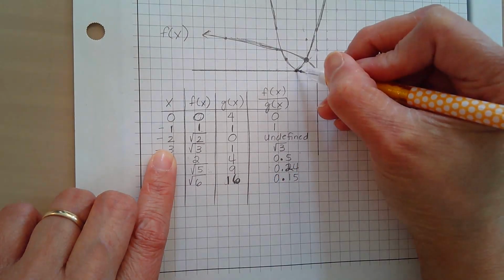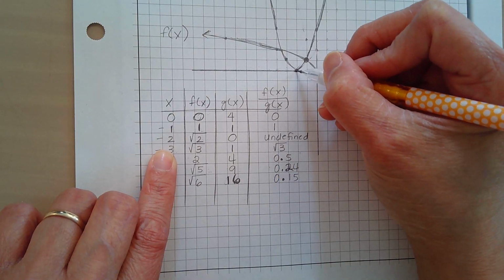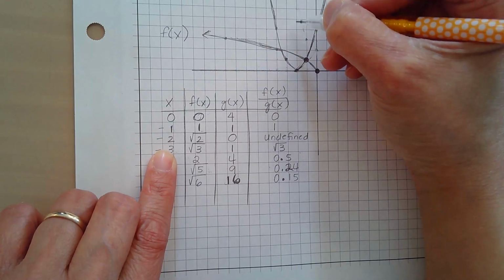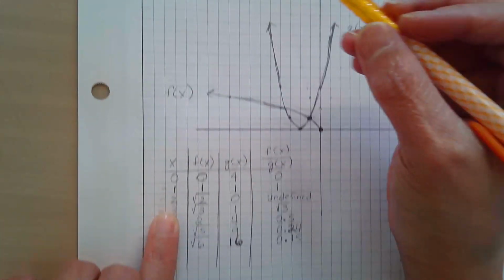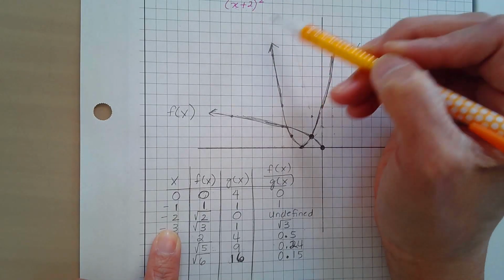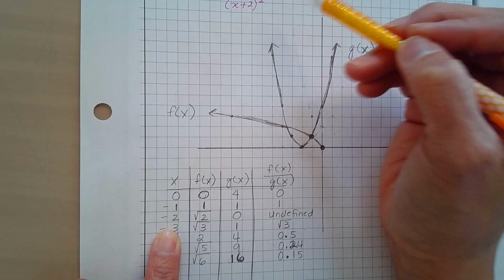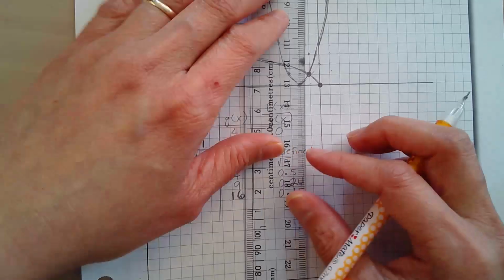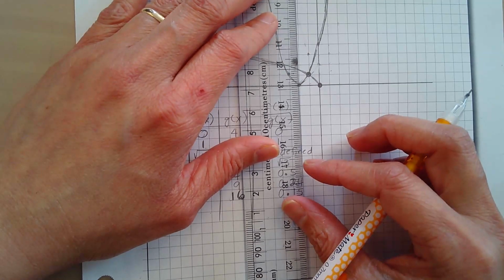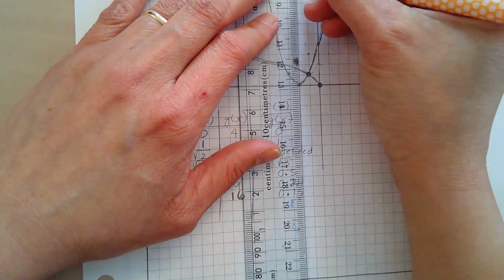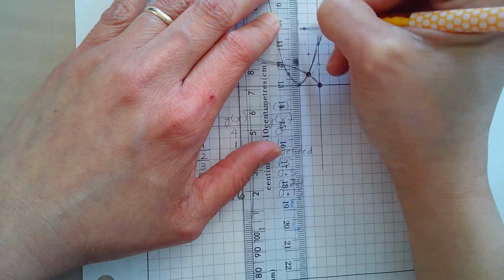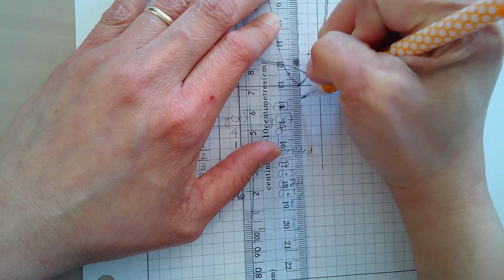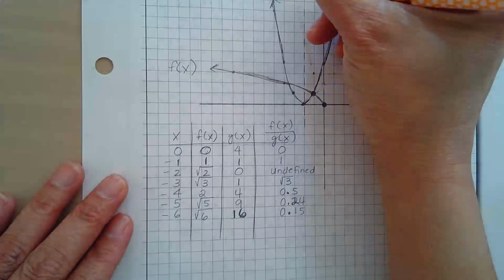And it's undefined, so what can we do? That happens if there's a numerator divided by the denominator with a common factor. So this one here would be an asymptote. Undefined.